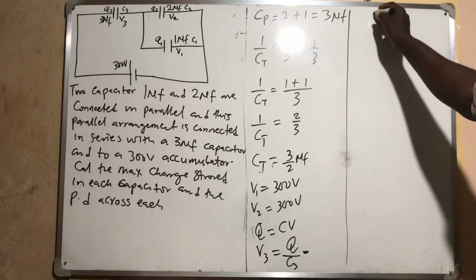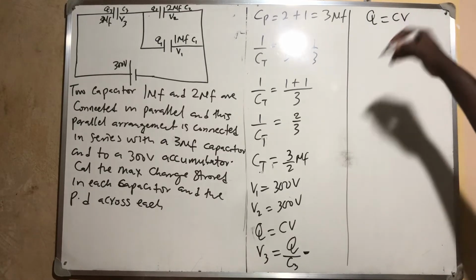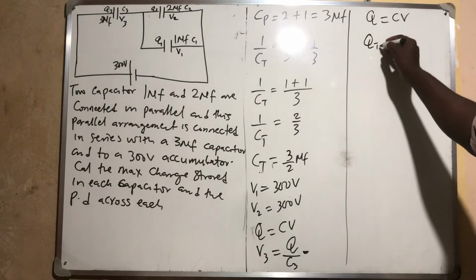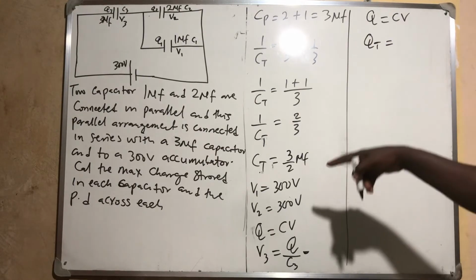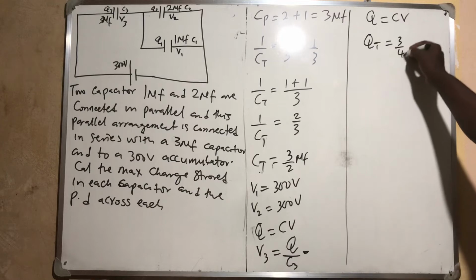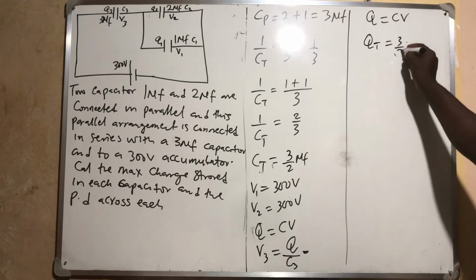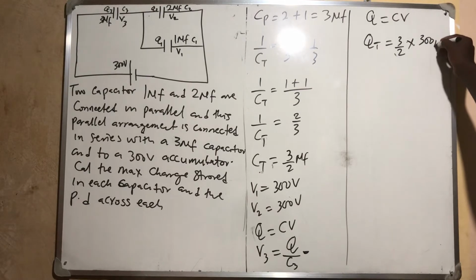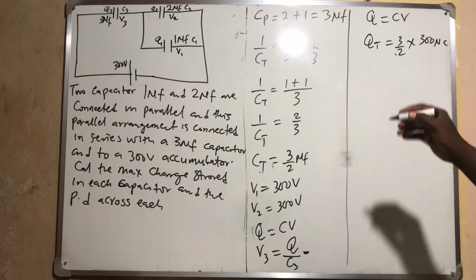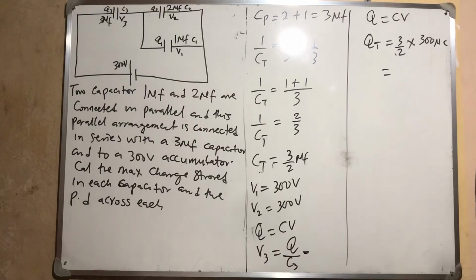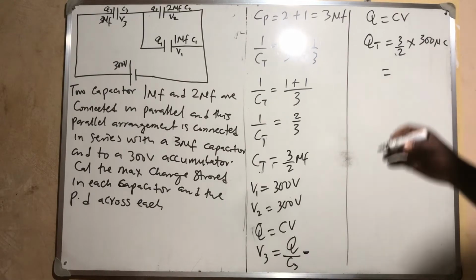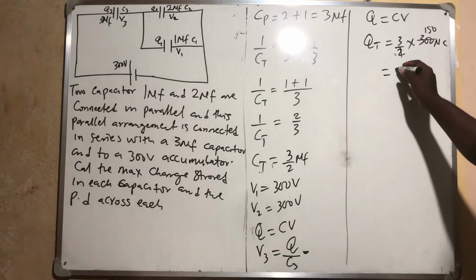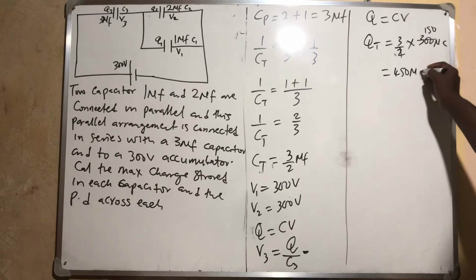Q is equal to CV. So my Q total will now be the C total, which is 3 over 2, times my V, which is 300, then mu coulomb. Which is 900. In fact, this divided by this is 150. So 150 times 3 is 450 mu coulomb.